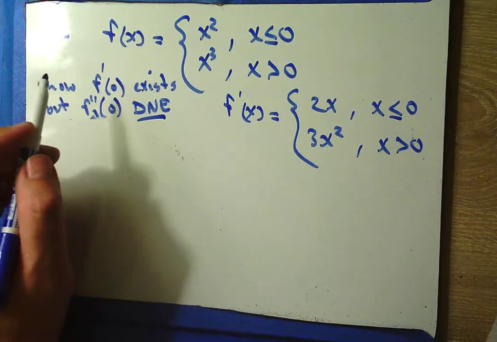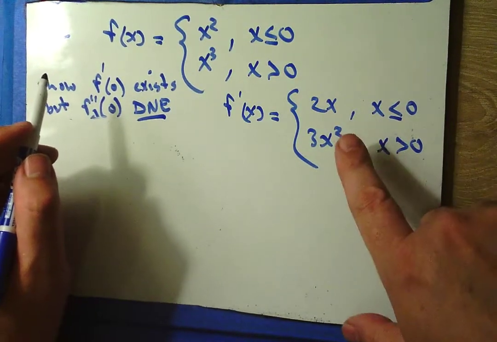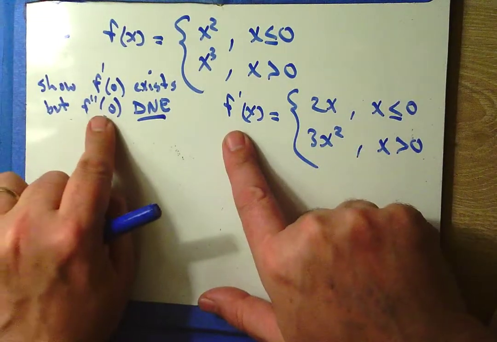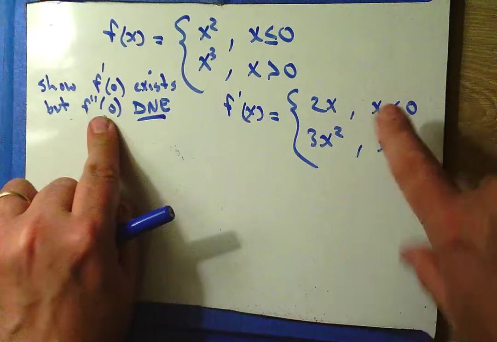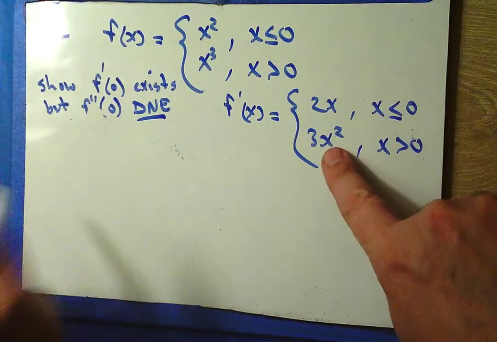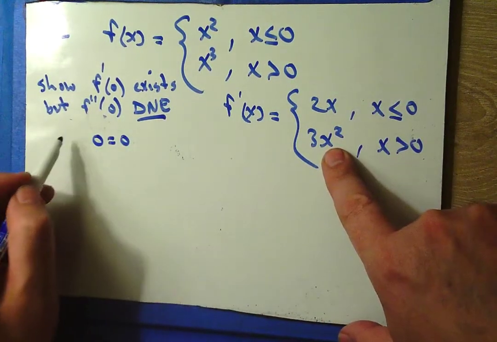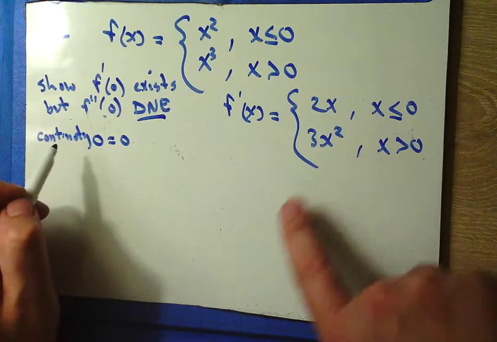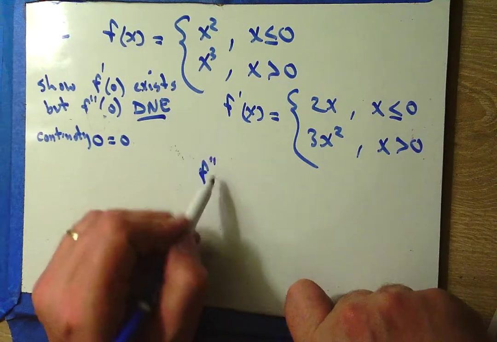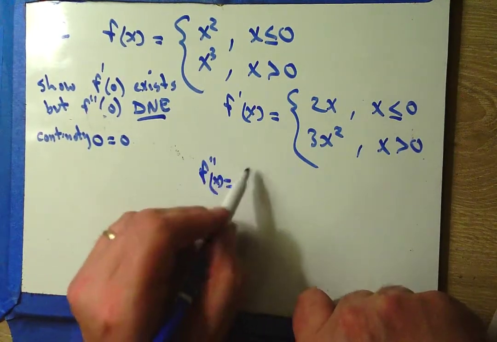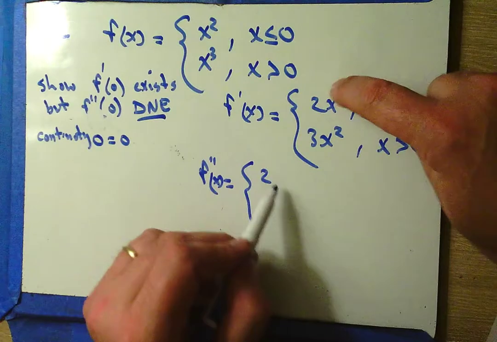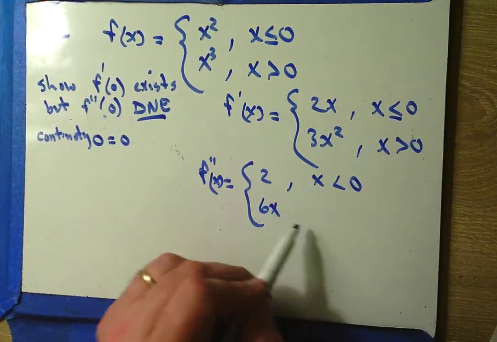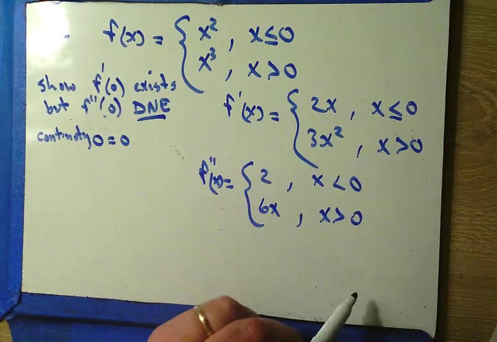Okay, well, let's check continuity first. Continuity of f prime in order to determine if f double prime exists. And if I plug a 0 in here and a 0 in here, I get 0 equals 0. So we've met the continuity test. What about differentiability? What would f double prime be? Well, f double prime is going to be 2 for x values less than 0 and 6x for x values greater than 0.